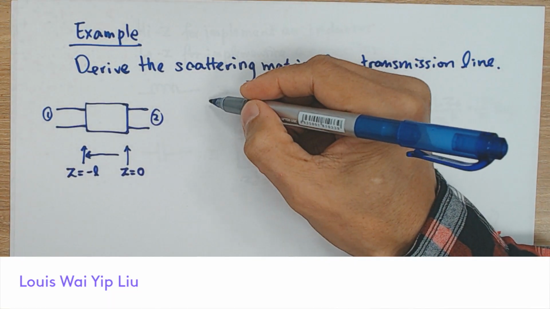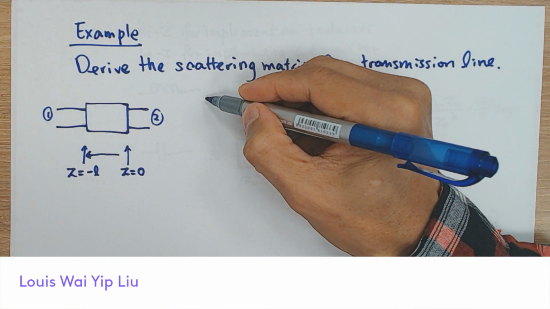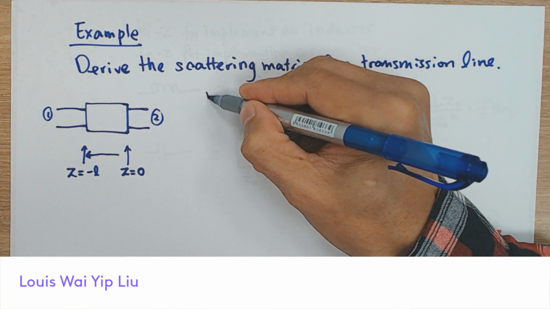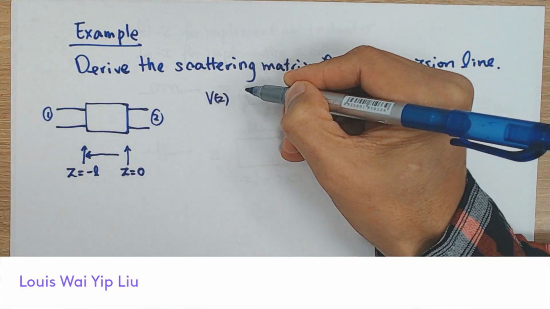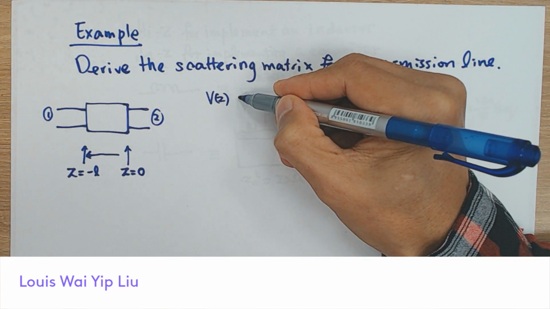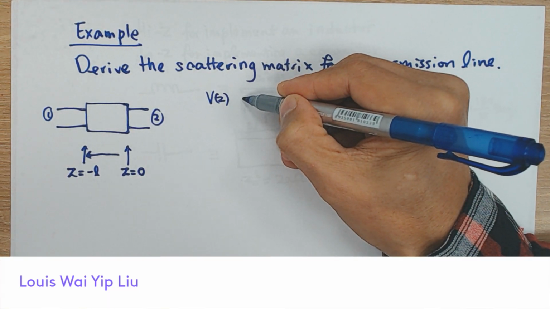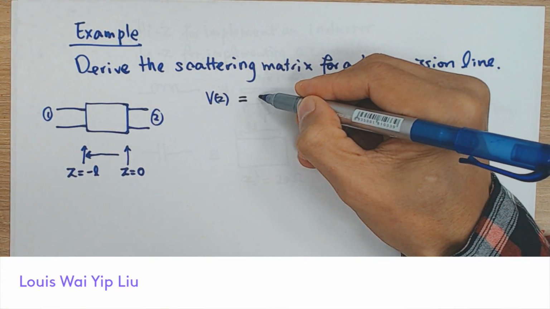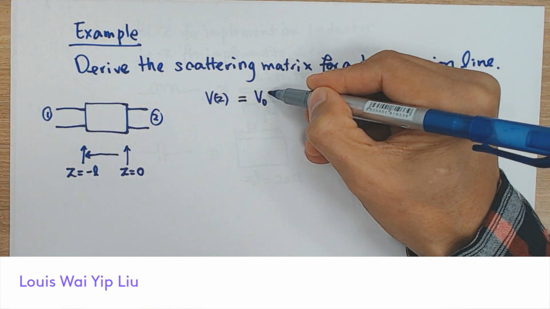And V, which is the voltage at any point of the transmission line, can be summarized in this equation.